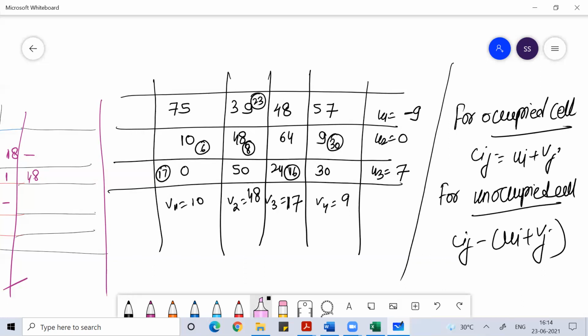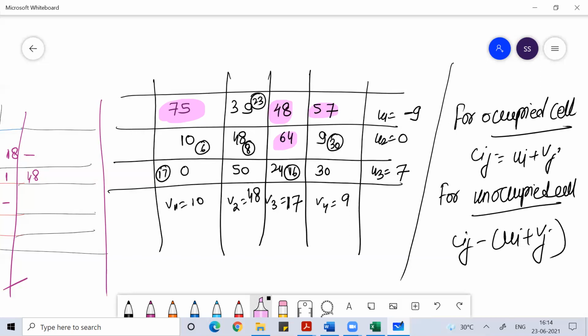Once we find their values, now we focus on unoccupied cells. Your first unoccupied cell is this. Now you see that 10 minus 9 is 1, 75 minus 1 is positive. Now see the second unoccupied cell: 17 minus 9 is 8, 48 minus 8, done, positive. Then here also positive, you will get 9 minus 9.